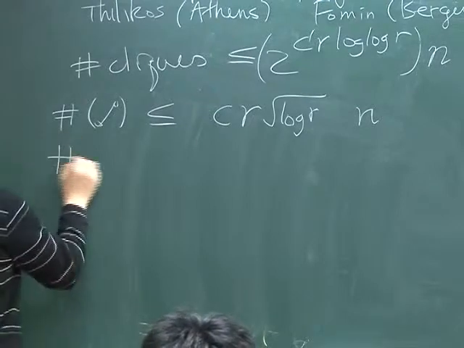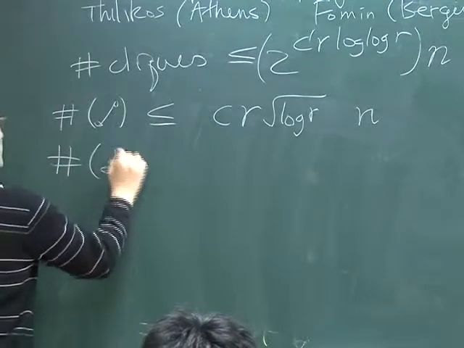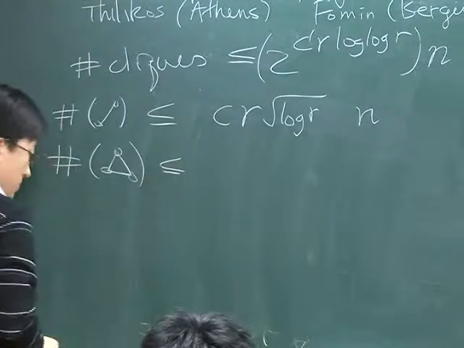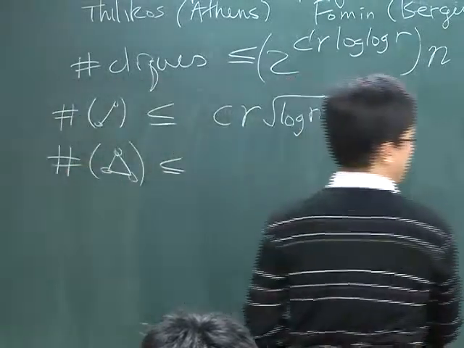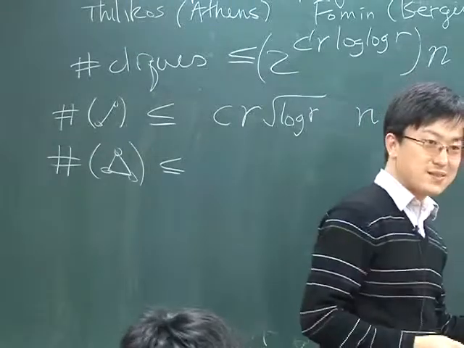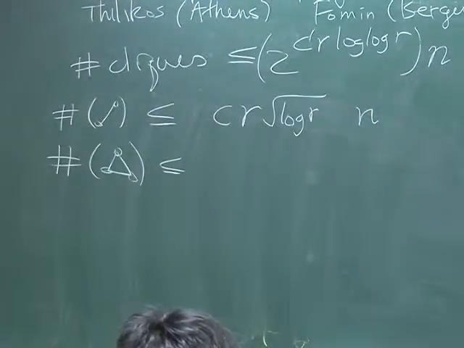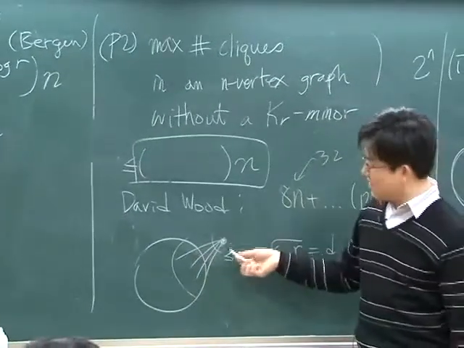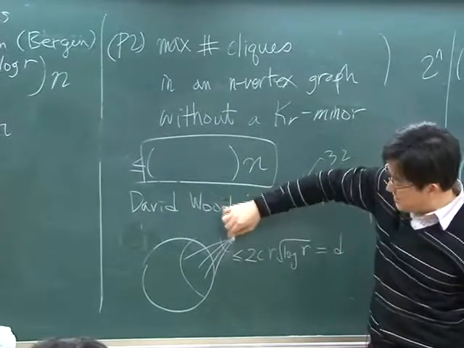And then what is the number of triangles? Yes, the cliques of size 3. Well, you can count. Look at this graph, the number of triangles in such a graph. Let's look at the number of triangles containing this vertex.